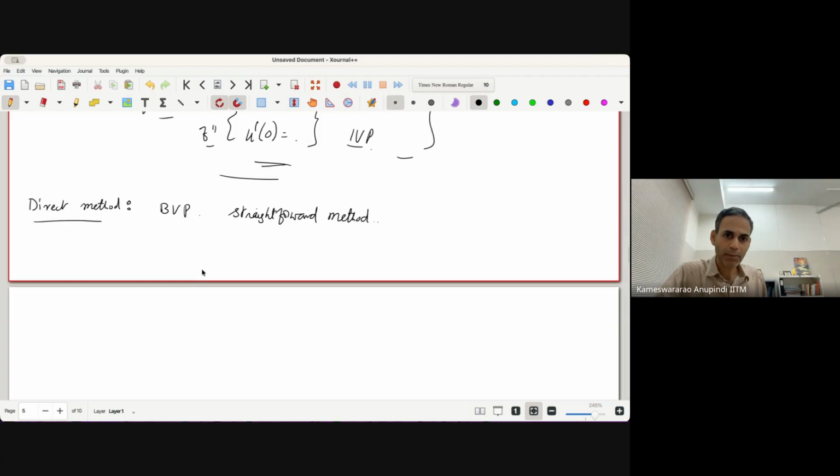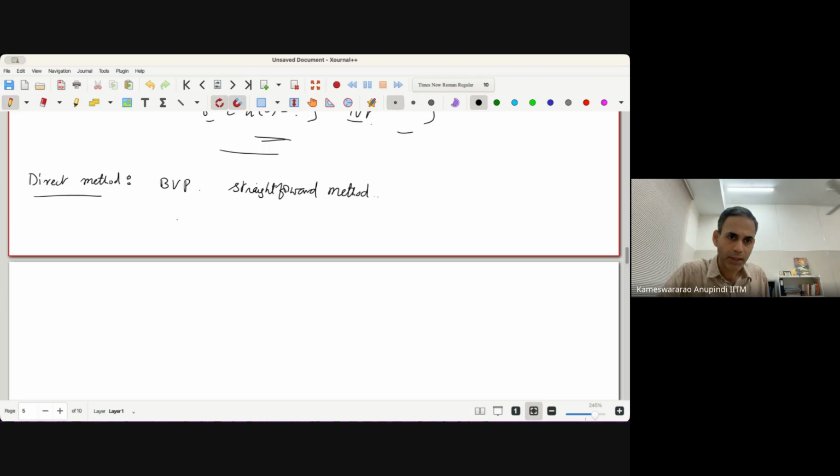So essentially what happens is you have this general second order ordinary differential equation, that is y double prime x plus a of x times y prime x plus b of x times y of x equals f of x, right? So this is what you have, and then you're given boundary conditions.